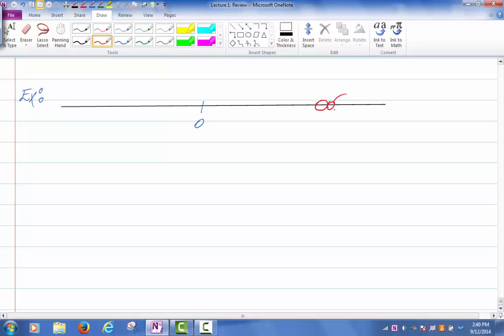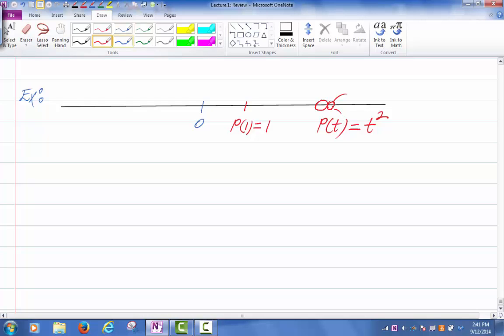The position of the bug at time t is given by p of t, and p of t is t squared. So I'm saying the position of the bug at time t is the square of that time. Okay? And at time 1, what would be the position of the bug? At time 1, the position of the bug would be 1, right? So again, the bug is moving along this line.